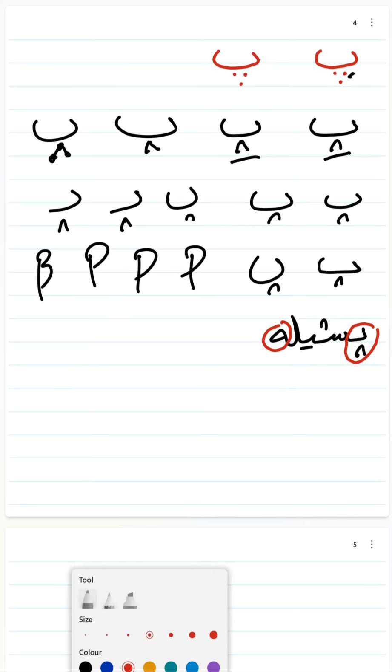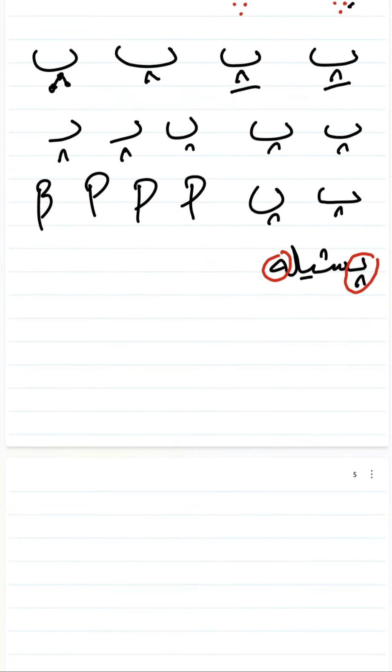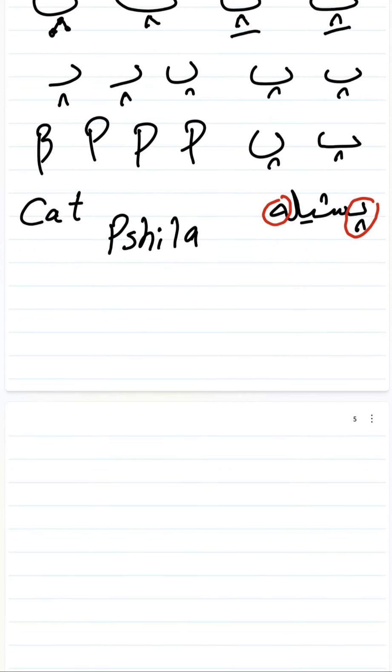Pshila. What it means in English is cat, okay? Cat. Pshila. If we write it in the English alphabet, that was cat or pshila.